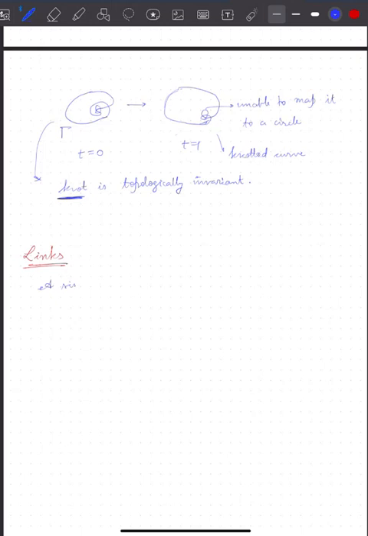Let's say that we have a simple closed space curve, and in itself, a simple closed space curve is a circle.